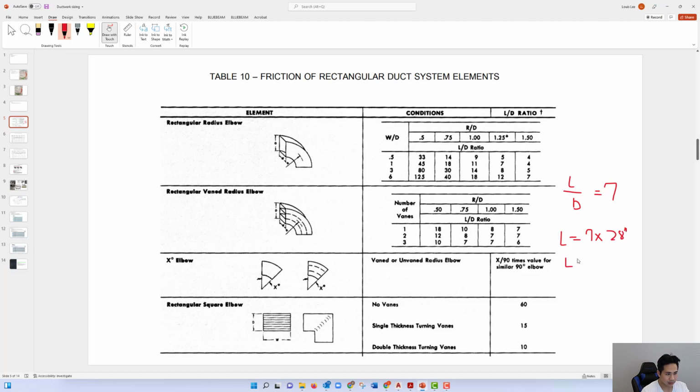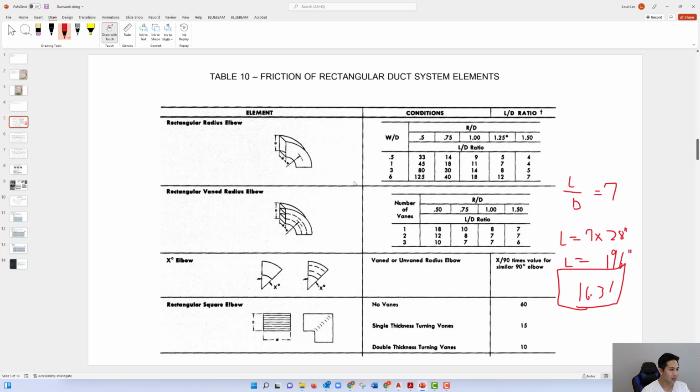So then the L is equal to 196 inches, or divide that by 12 to get 16.3 feet. So that is basically the equivalent length of duct for that radius of curvature. It's 16.3.